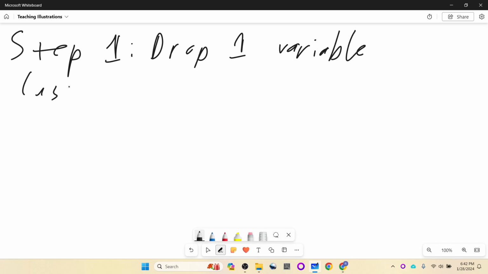Usually it's going to be Z. It doesn't have to be Z. It could be X or Y. But I usually start by dropping Z and solving for X and Y. But if you try to do that and for some reason it doesn't work, it probably means it's a very rare case where dropping the Z doesn't work. And so you'd start over and try with dropping X or Y instead.